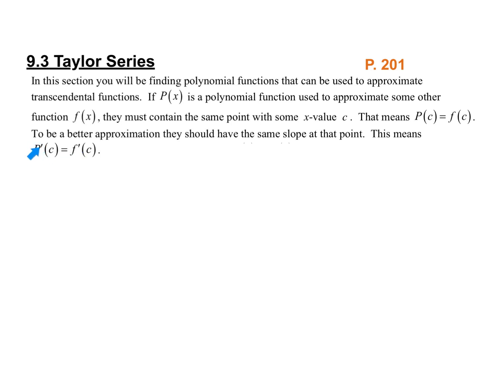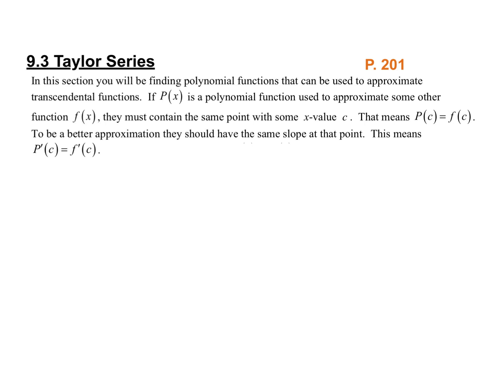That means at that particular point, the slopes would be the same. So the first derivative at c of the polynomial is going to equal the first derivative at c of the function. If we do that for the slope, we can just keep going: the second derivative, the third derivative, the fourth derivative.